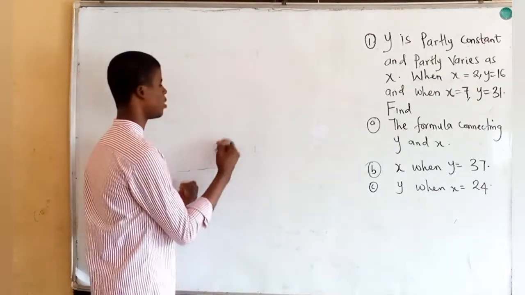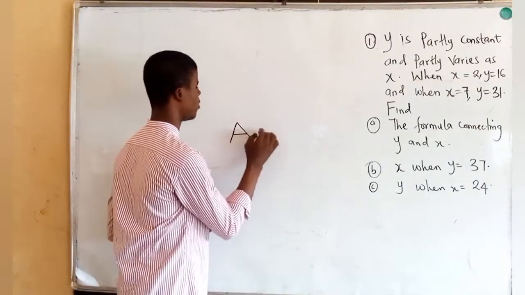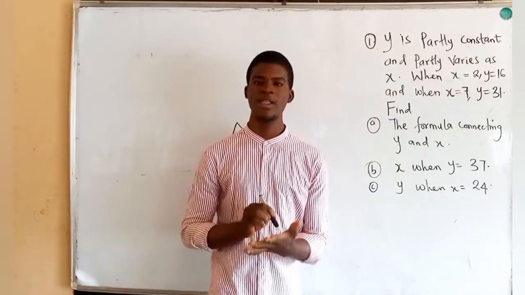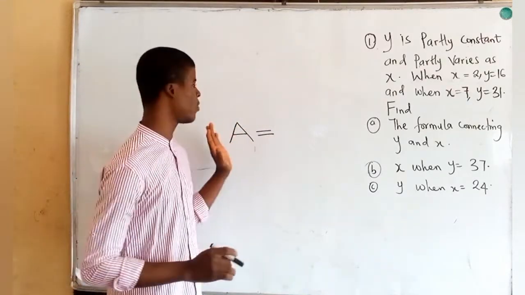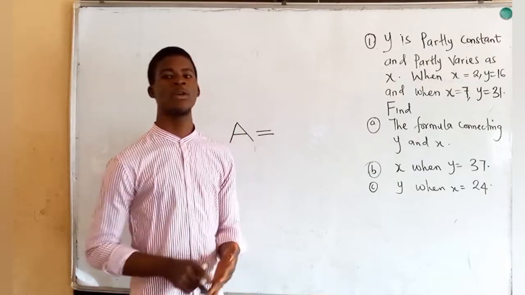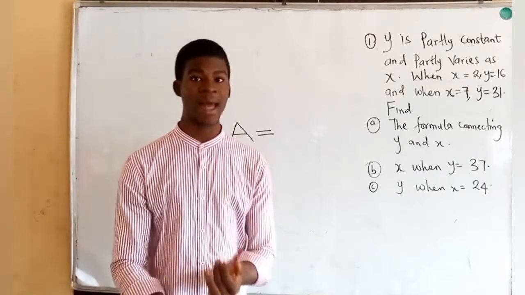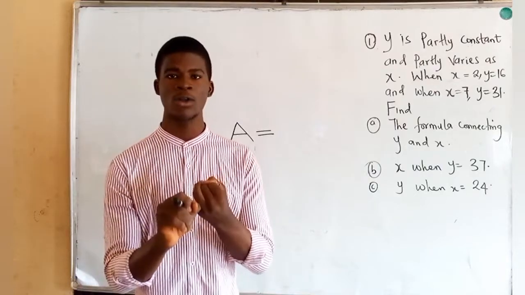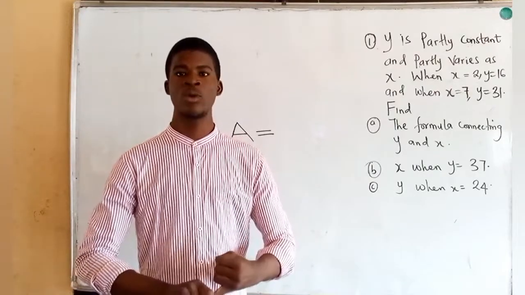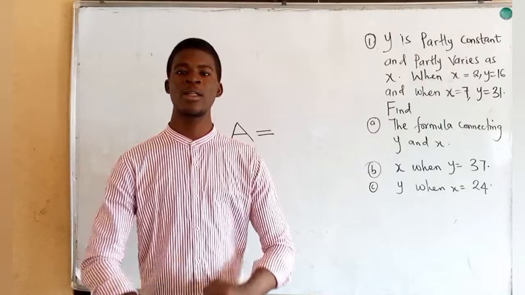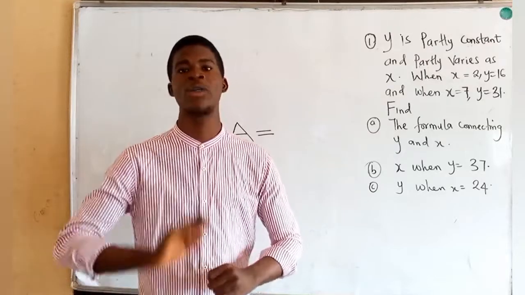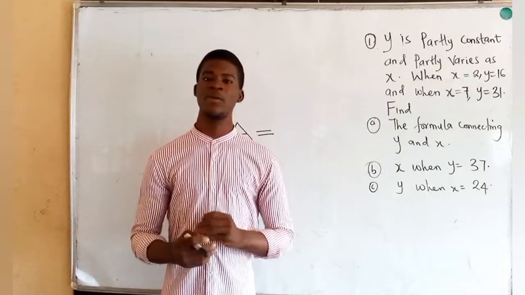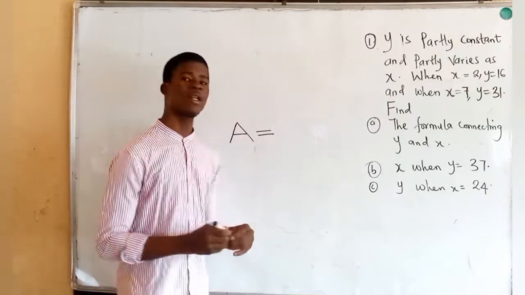Now, before I complete this equation, I want to say that in partial variation, there are at least two constants of variation. So the number of constants can be equal to 2 or greater than 2.